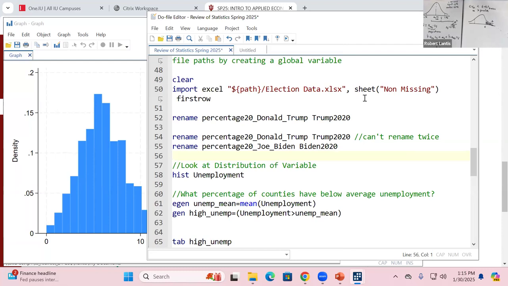It keeps saying %20 Donald Trump doesn't exist, and I didn't rename it yet. And I'm looking at the file, and it says %20 underscore Donald Trump, but it won't let me rename. Yeah. So did you make sure you're downloading this non-missing file or folder? There might be a space, or maybe it's not capitalized. It's case sensitive, right?